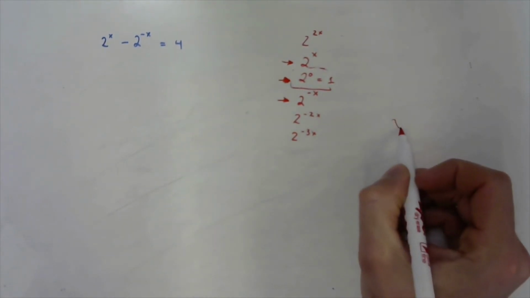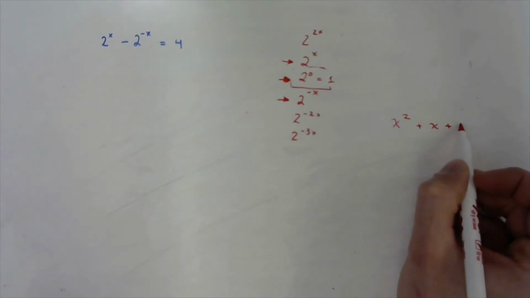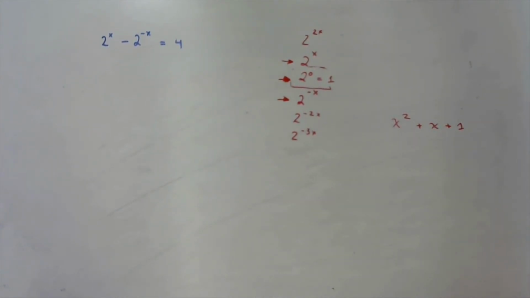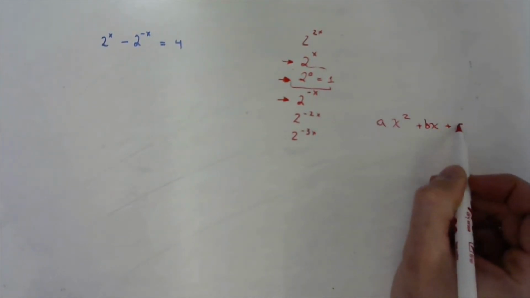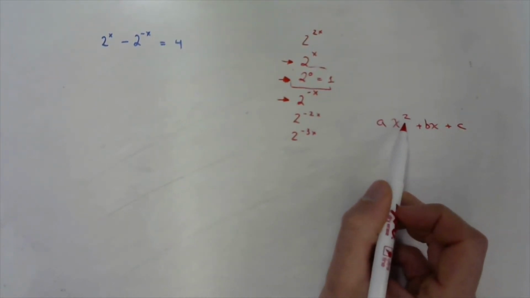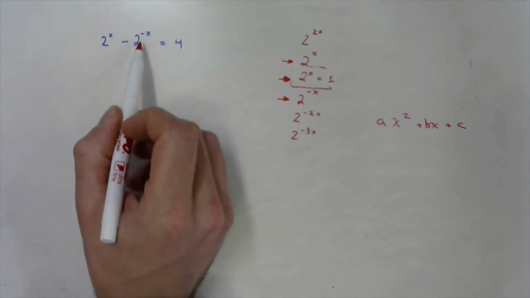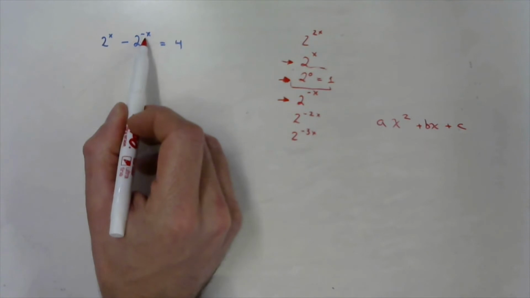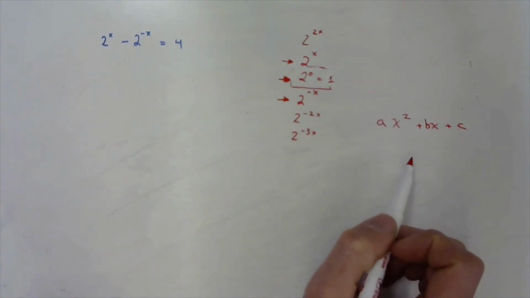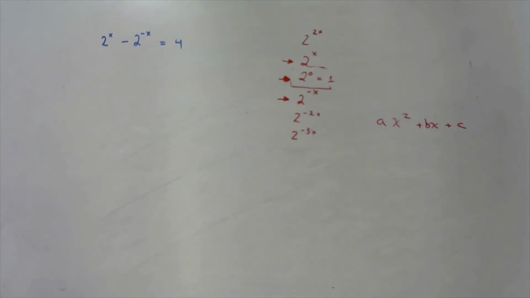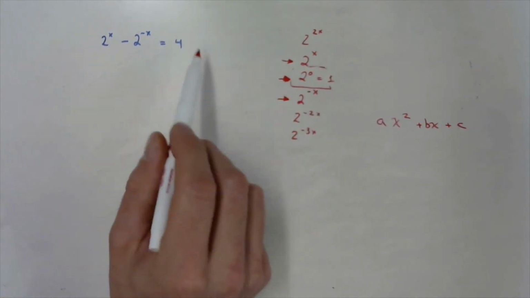Maybe something that looks a little bit like ax squared plus bx plus c, except we don't have it. We have powers, x is the exponent, but we've got 1x and negative 1x and 0 x's. Anyway, that's what you're supposed to see. It should kind of look like a quadratic equation.